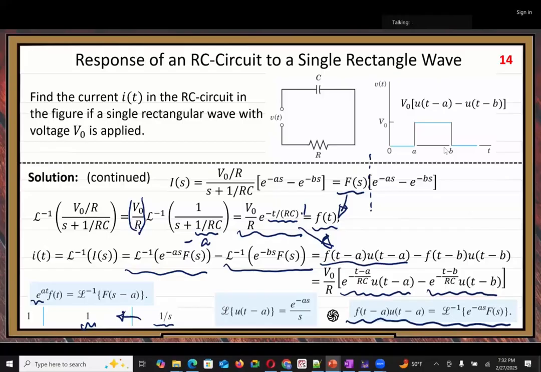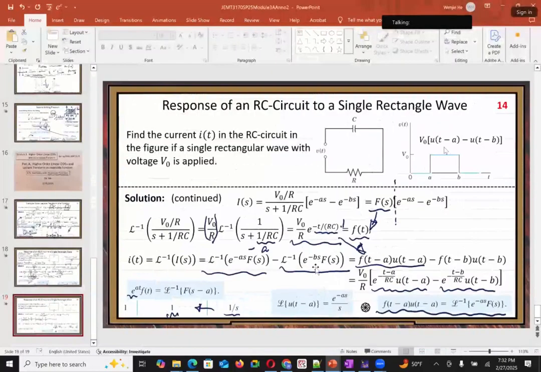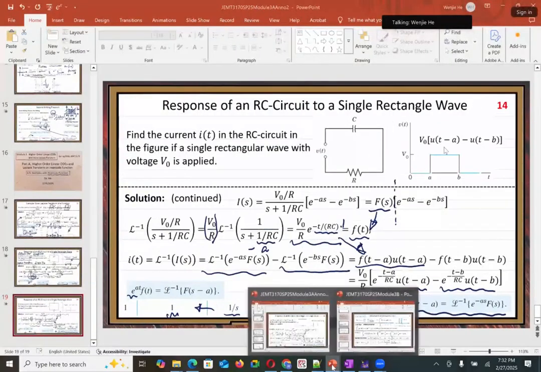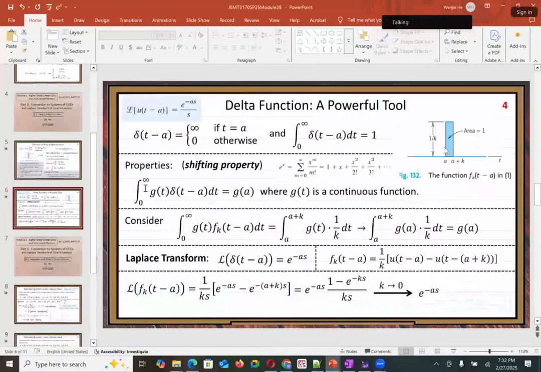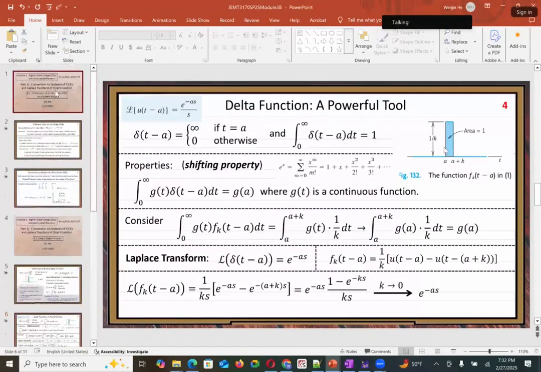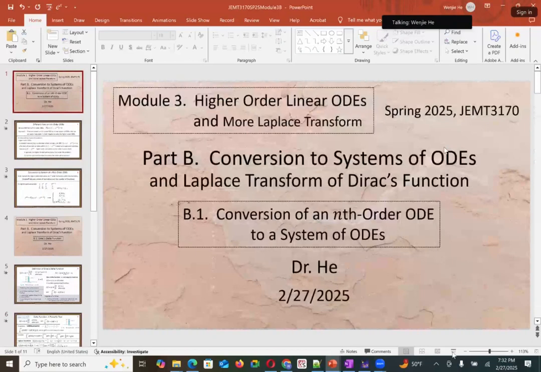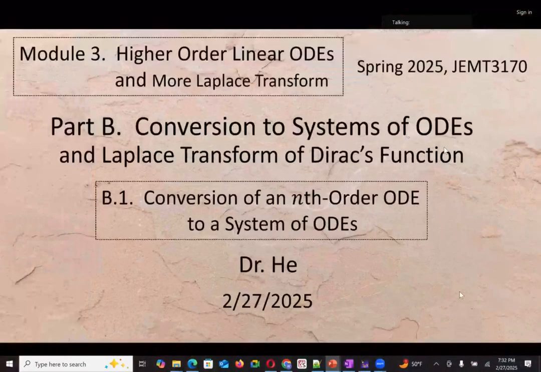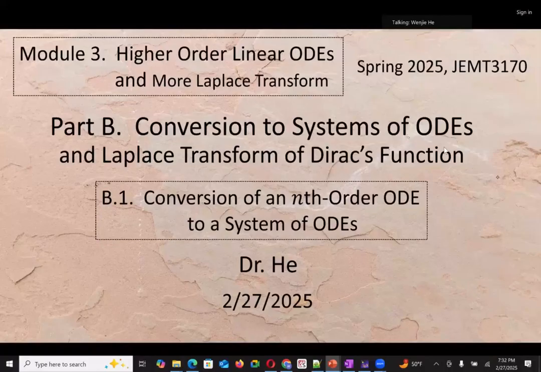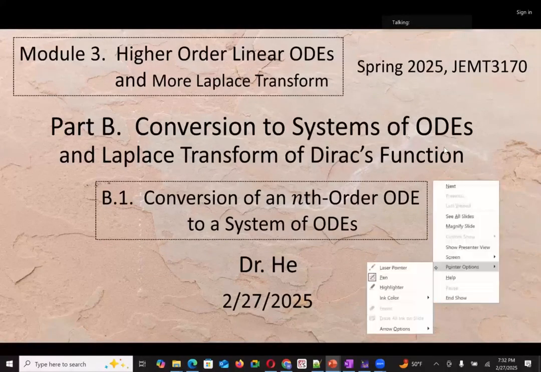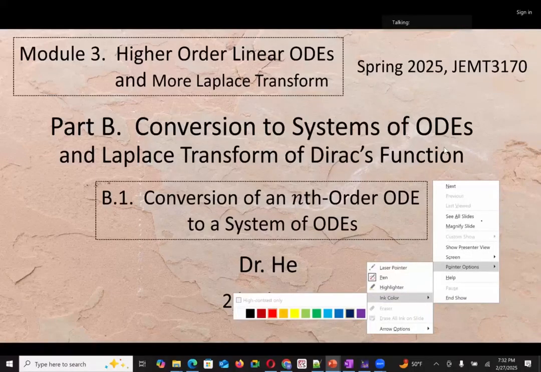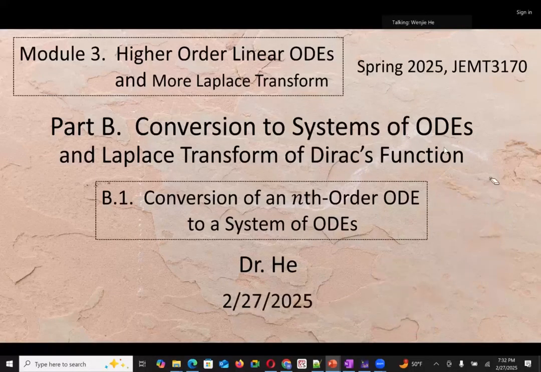All right, so let me get out to part B. The title also has 2 parts. The title is Conversion to Systems of ODEs, the first part.